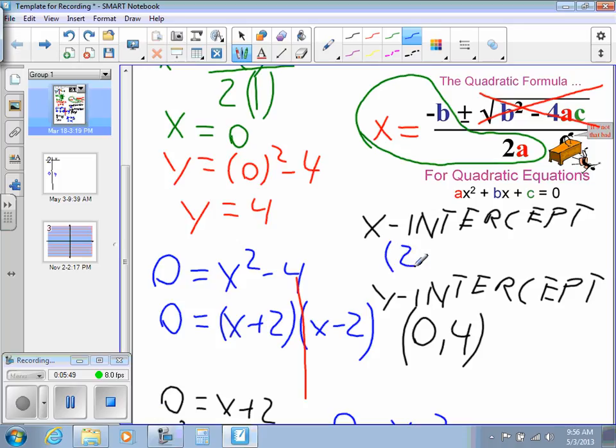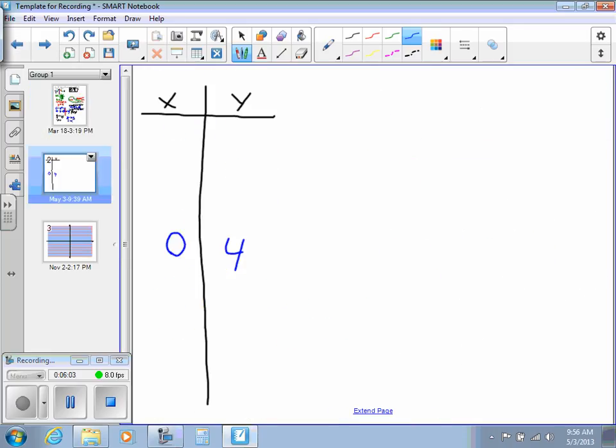So we are at 2, 0, and -2, 0. So now let's come back here to our t-chart, and for 2, we'll put in 0, and for -2, we'll put in 0.